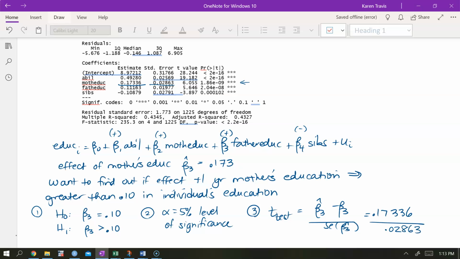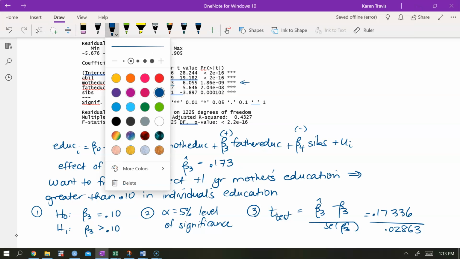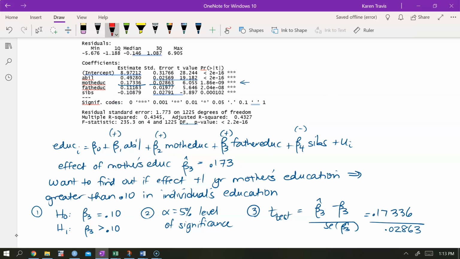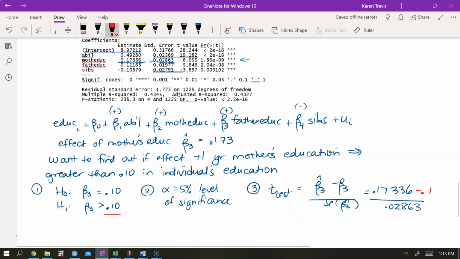And now I'm testing against a hypothesis of 0.1, so I need to subtract 0.1. And in that case, my t-test will become 0.07336 over this same standard error. And I will get 2.565 as a t-test for my different hypothesis test.